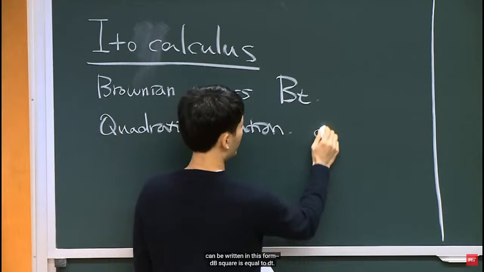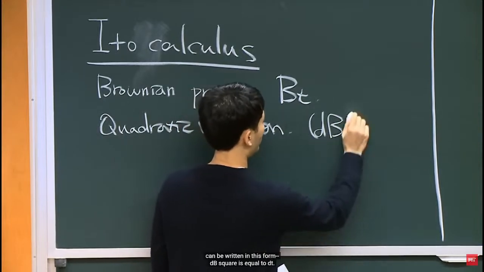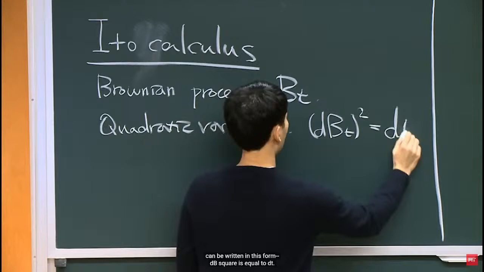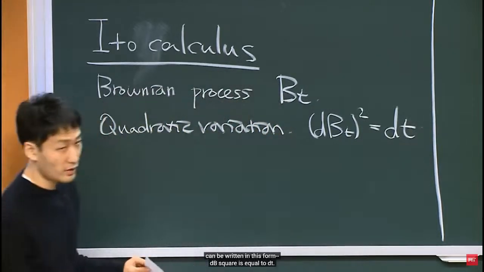Which can be written in this form: dB squared is equal to dt.